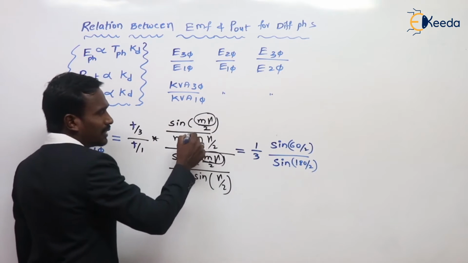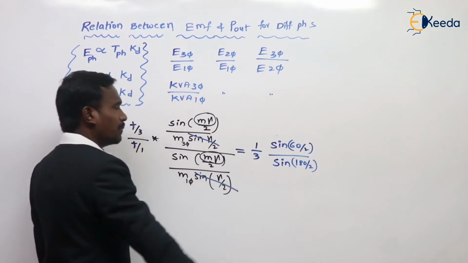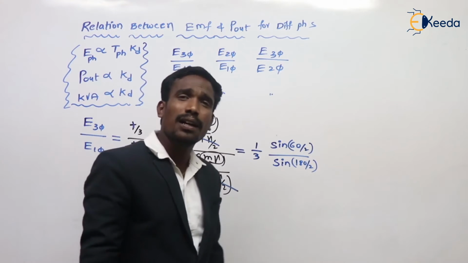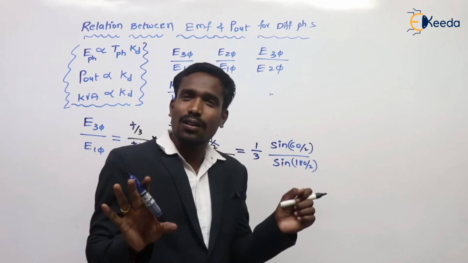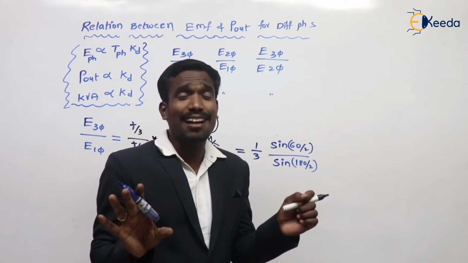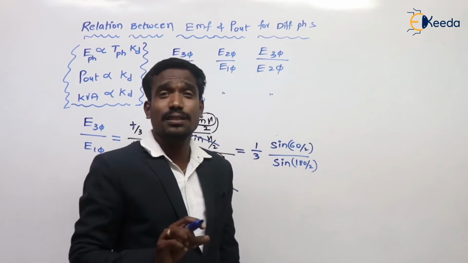Now this sine γ by 2 gets cancelled because γ is the same for all. There is no change in slot angle.